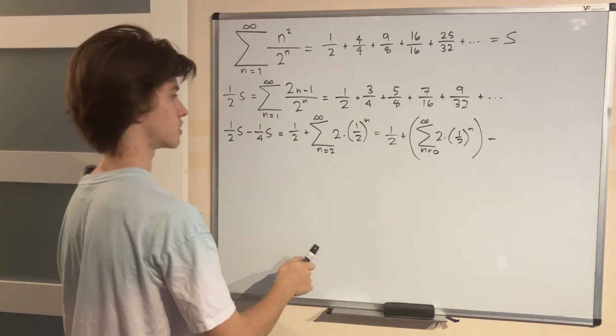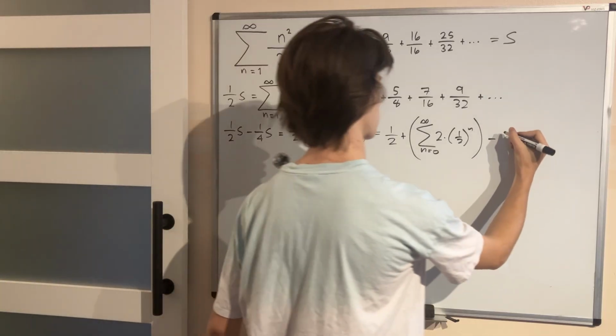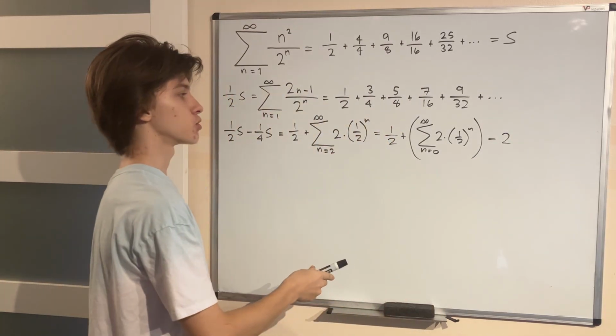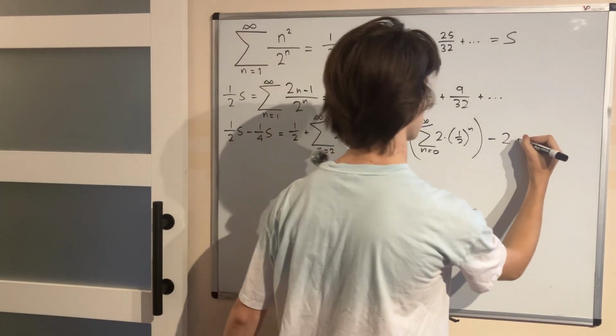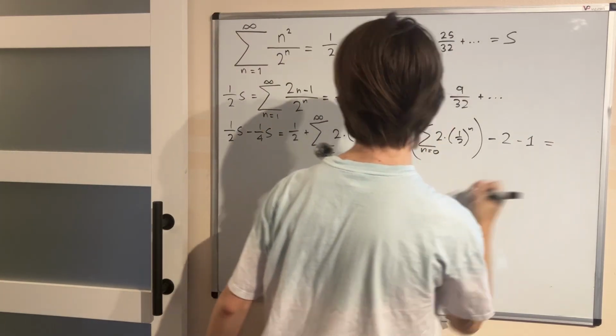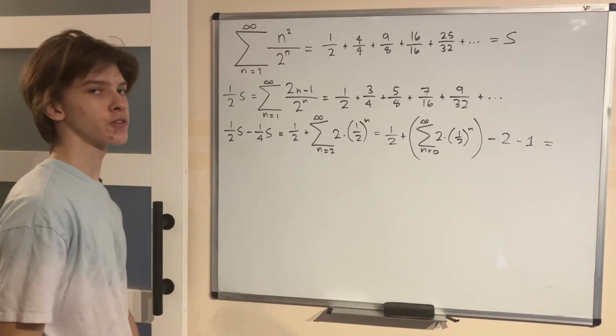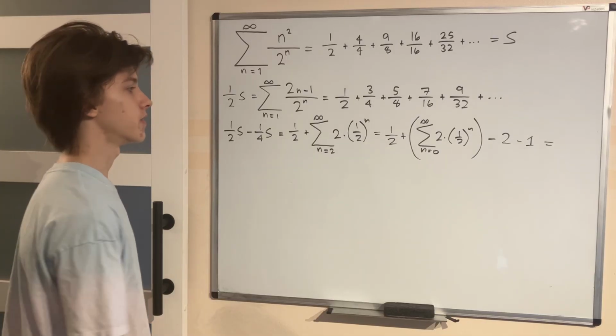So when n is equal to 0, this fraction is 1, we're subtracting 2, and when n is equal to 1, this fraction is 1/2, 2 times 1/2 is 1. So this is equal to 1/2 of s minus 1/4 of s, which is indeed 1/4 of s.